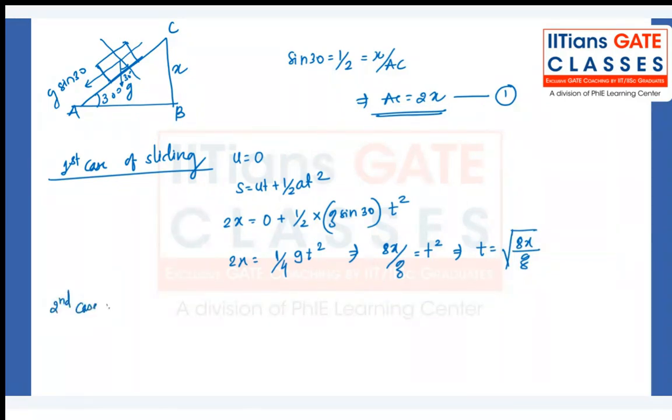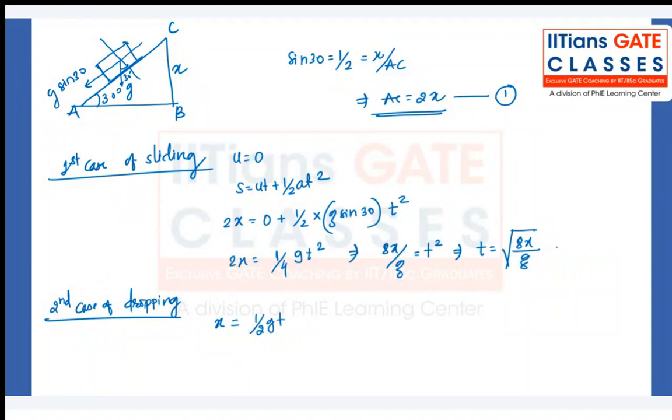Second case, of dropping the body from height x. So the distance traveled is x, we already assumed it, and that is equal to ut again plus half of g t square. But now in this case, let's call it t2.